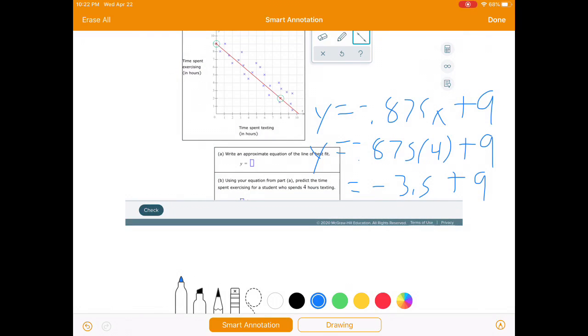And add that to 9, we get 5.5. And going back to our graph, if we go to where 4 is for time spent texting and go up to where the graph is, we see that's right at 5.5. So that verifies that the work that we did algebraically matches the line of best fit that we came up with.